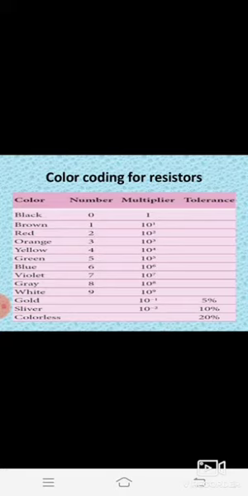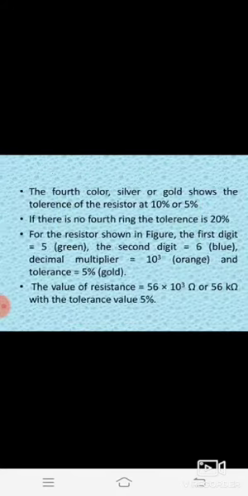If there is no colored ring at the end, the tolerance is 20%.